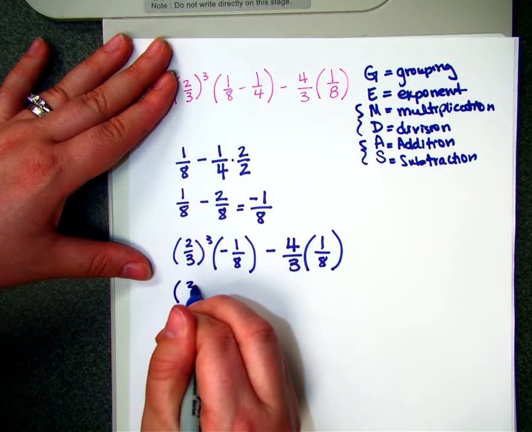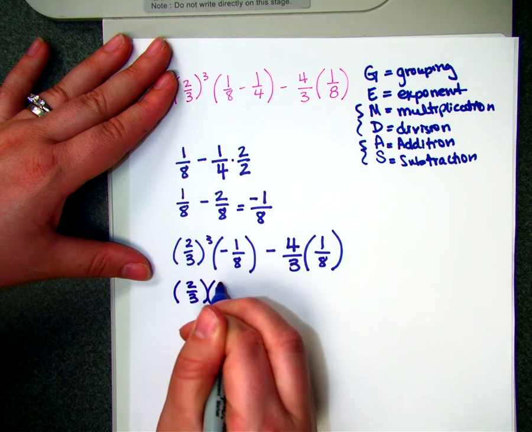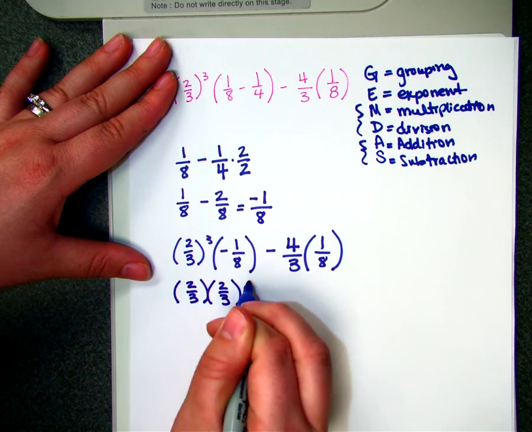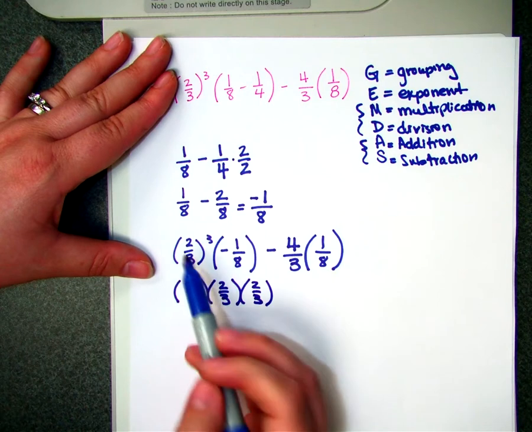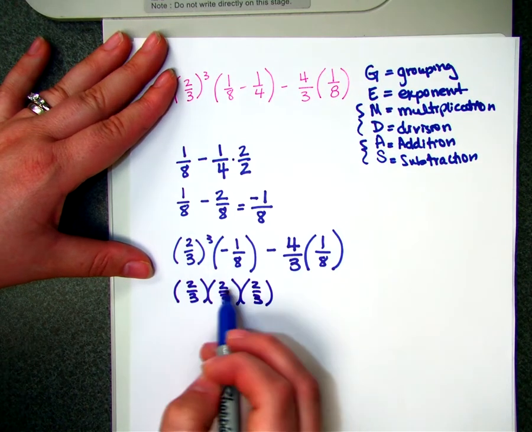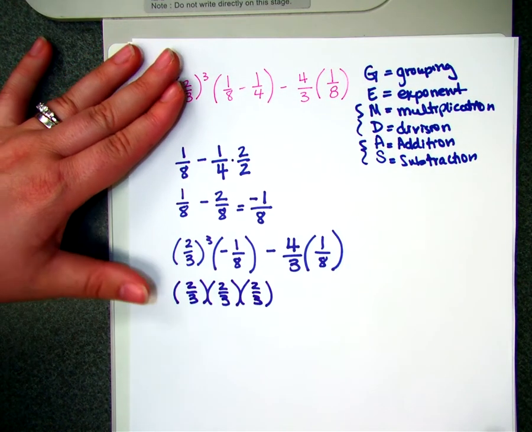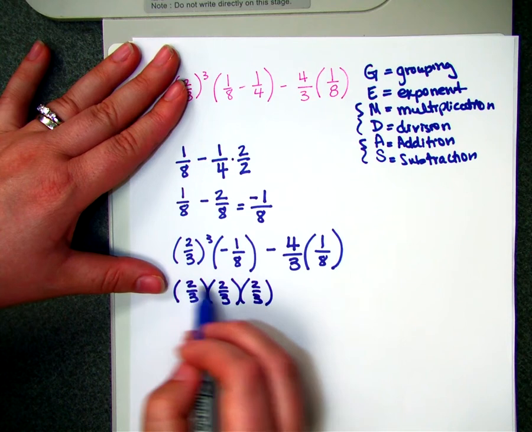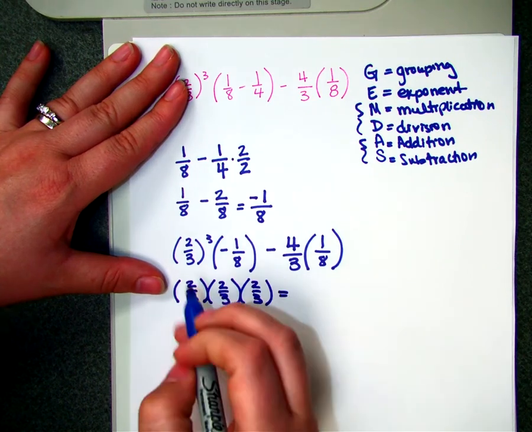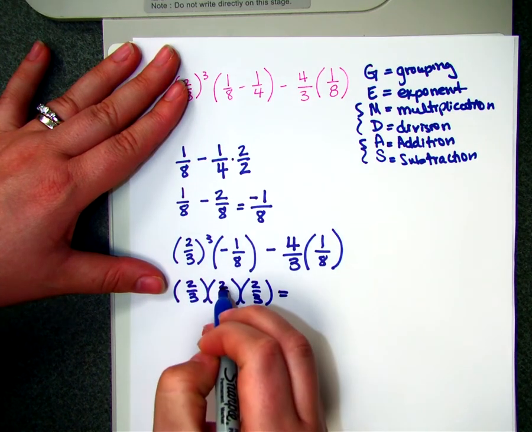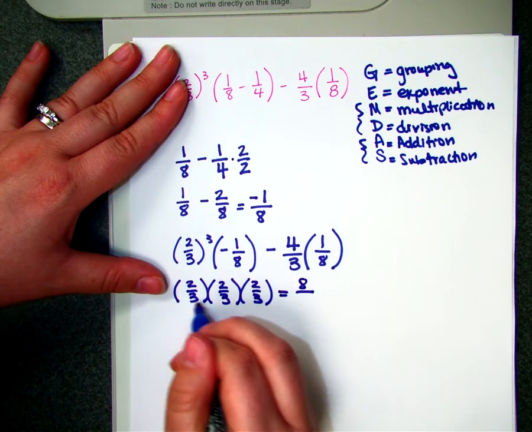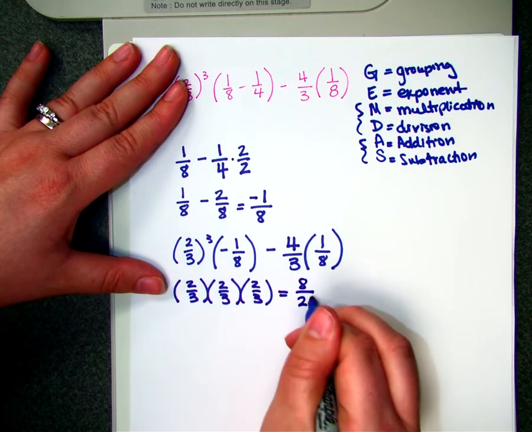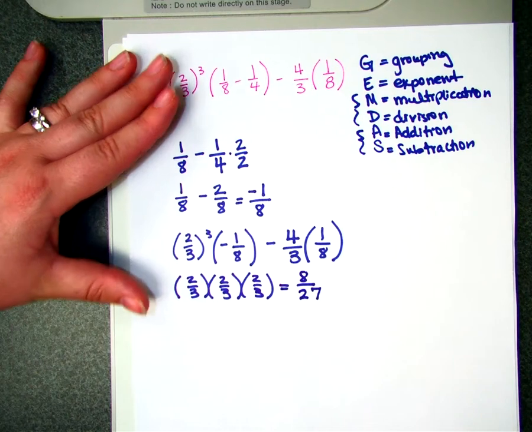What that number means is the number of times I multiply a number with itself. So 2/3 to the third power means I multiply 2/3 together 3 times. To multiply fractions, we just multiply across the top. So 2 times 2 times 2 gives me 8, and 3 times 3 times 3 gives me 27.